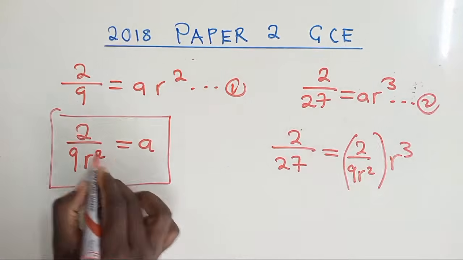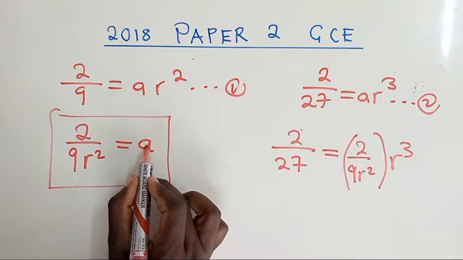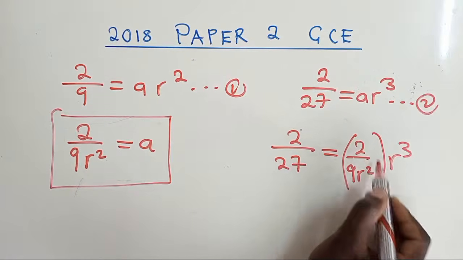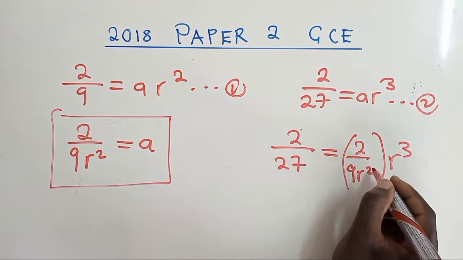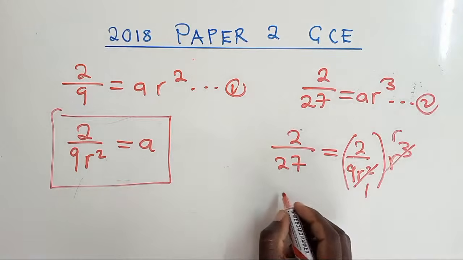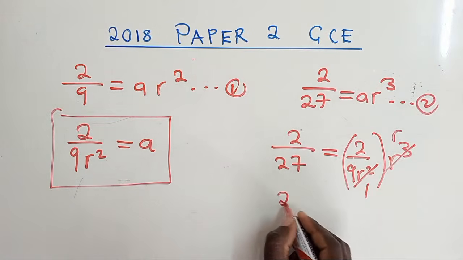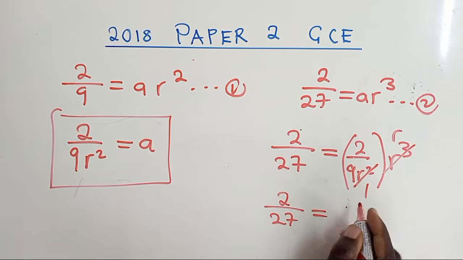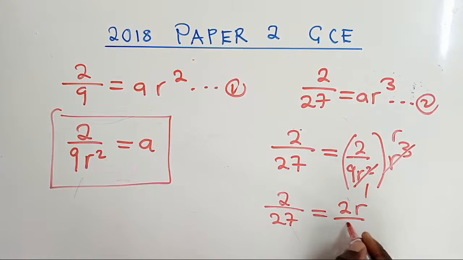You just get this and put it where a is. Because this is the a, you put it where a is, this one. And after you've done that, this and this will cancel. It's 1, here will remain with r. So we shall have 2 over 27, which is equal to 2r over 9.